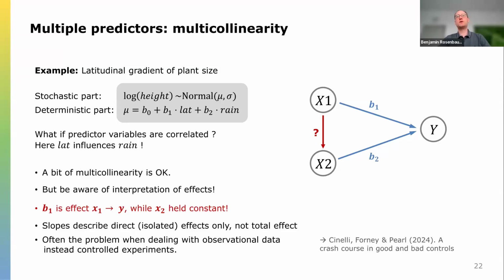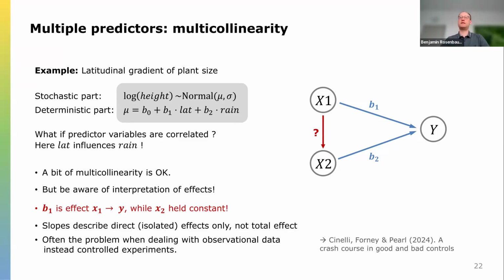If you want to make meaningful predictions, for instance, some prediction at the equator versus some latitude in Central Europe, in your model you should also make predictions where the rainfall is chosen at levels which make sense for these locations.